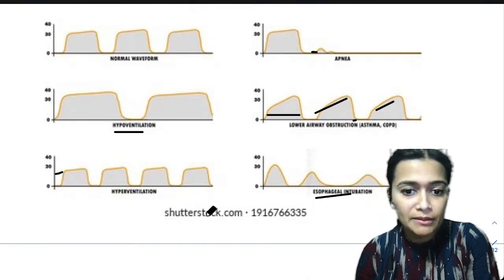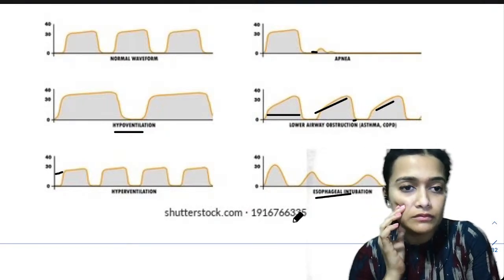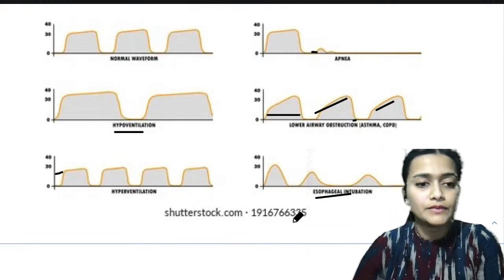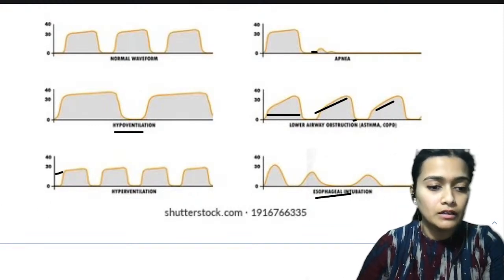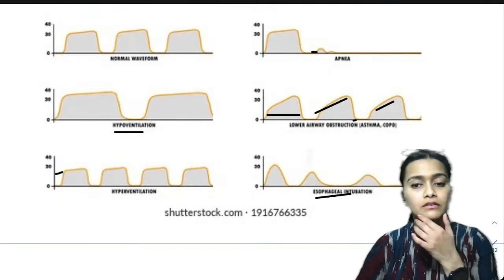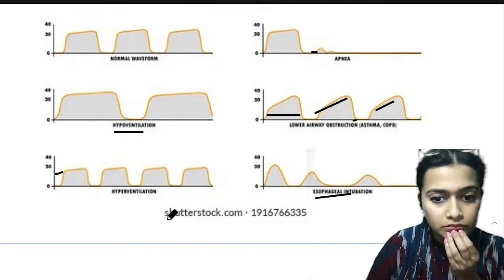Just the name which is on the bottom. Okay, I will take care of this. Okay, thank you. Sagar, please note that where shutterstock.com is there, remove that and the number.